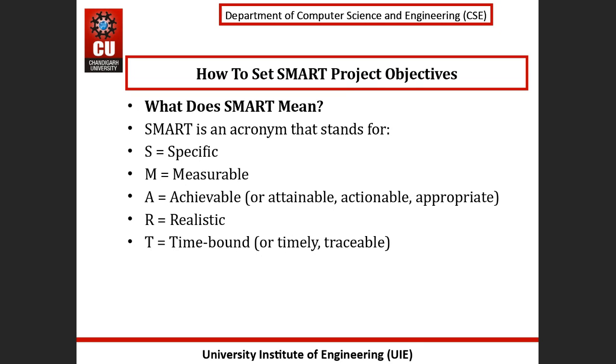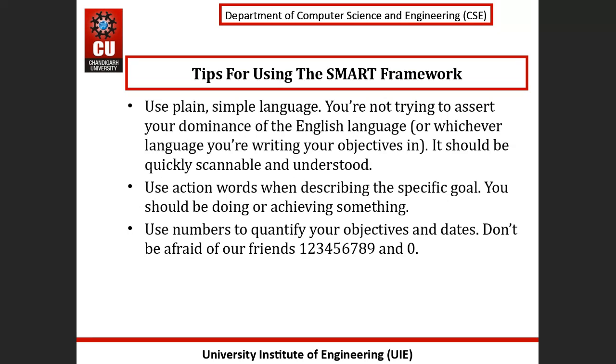So next, these are the very basic elements, and the last one is tips for using the SMART framework. Now we have discussed the different SMART elements, so here we have some tips.